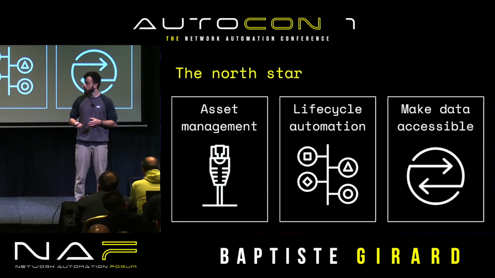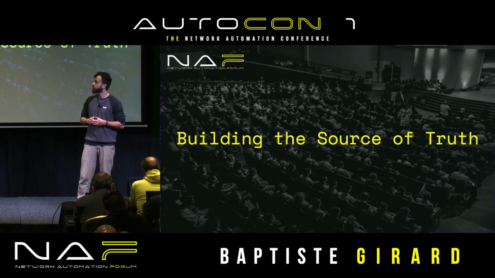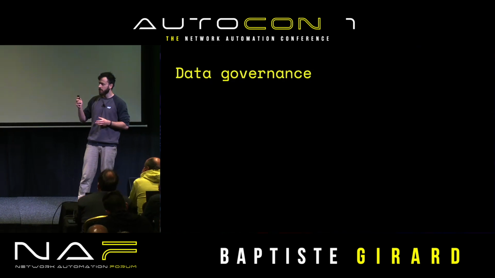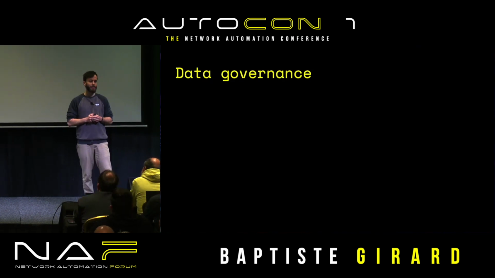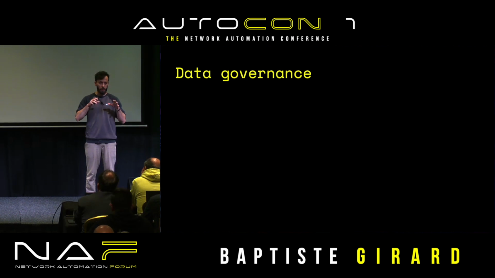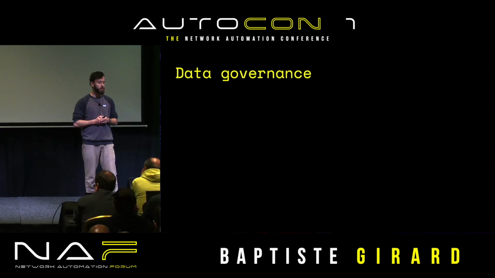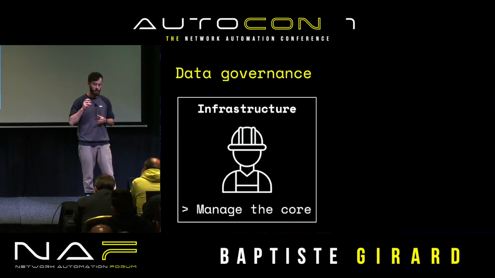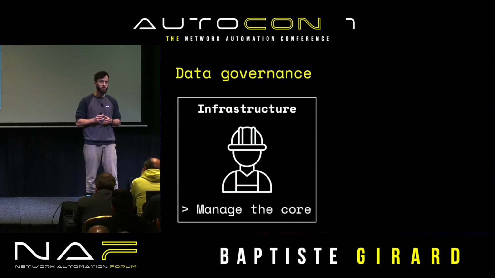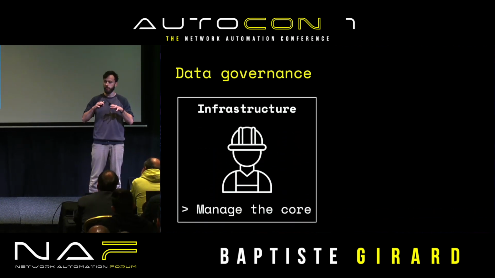All right, so now, as we move on to the first big session on how we build our source of truth, the first question we ask ourselves is, who is doing what with the data? And so here, at least the outline is rather simple. We have a first team, which is called infrastructure, and their mission is to really manage the core.